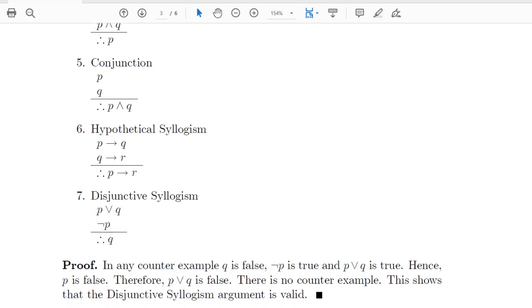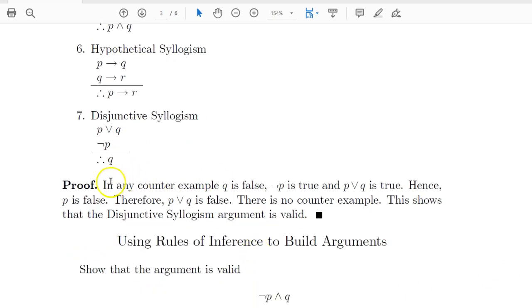To prove the disjunctive syllogism, we look for a counterexample. In any counterexample, Q must be false, not P must be true, and P or Q must be true. Because not P is true, P is false.